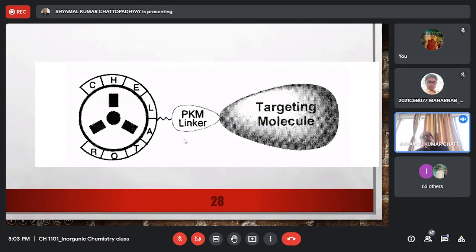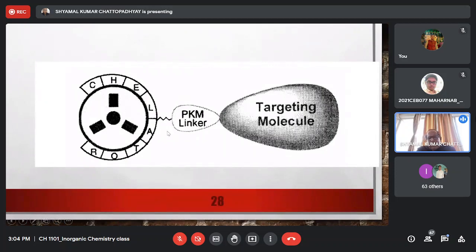If you want to direct it to the liver, then go for the corresponding liver-specific antigen, etc. So these pharmacokinetic modifiers are organ-specific antibodies, we can say, or organ-specific antigens which target a specific organ.